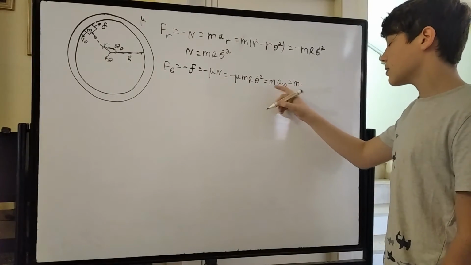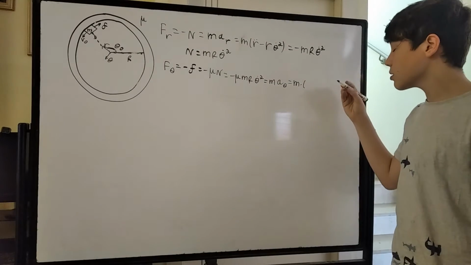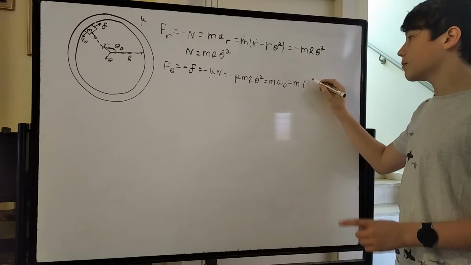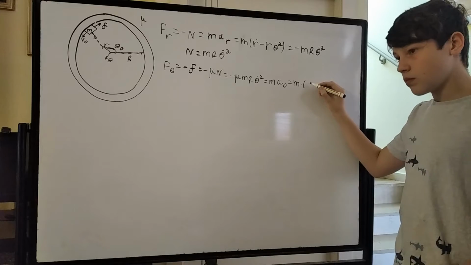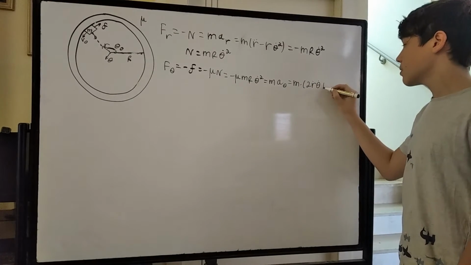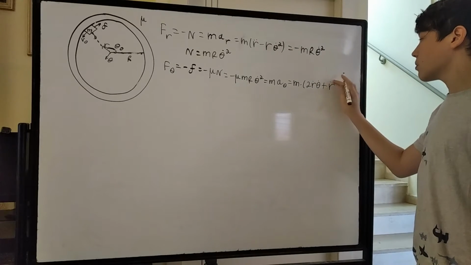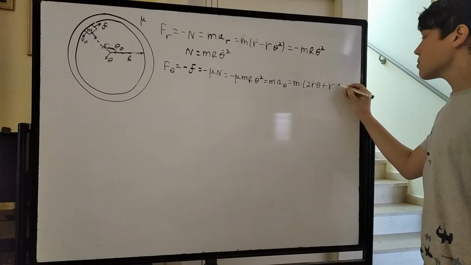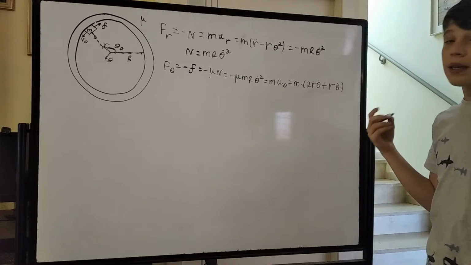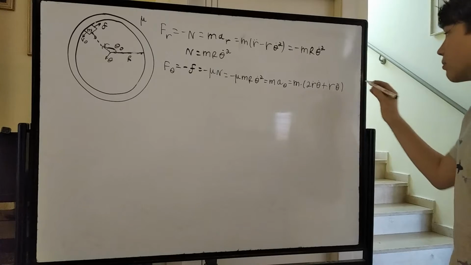So it's going to be mass times the formula for the tangential acceleration, which is 2 r dot theta dot plus r theta double dot, where again r represents the radius, theta represents the angle.